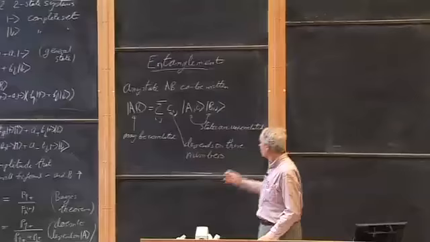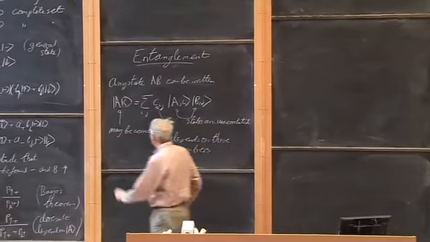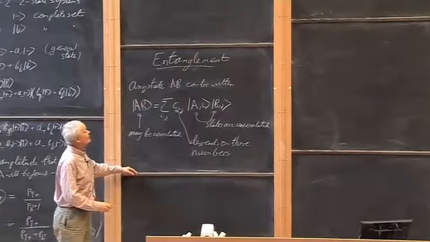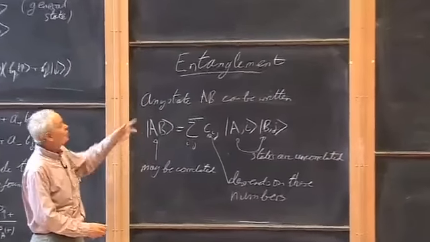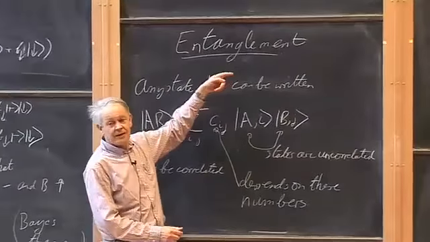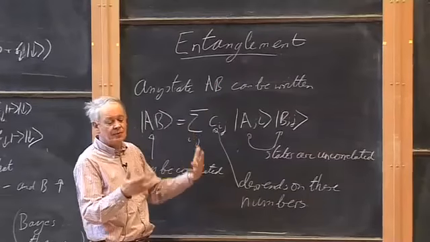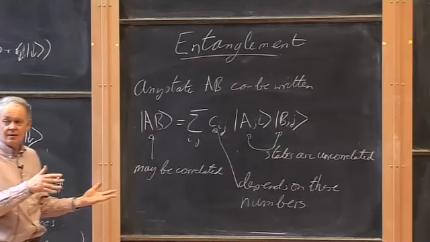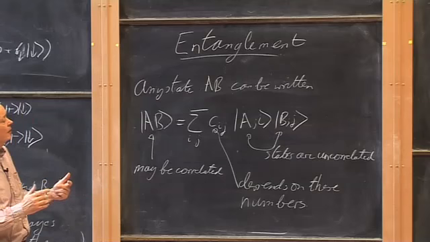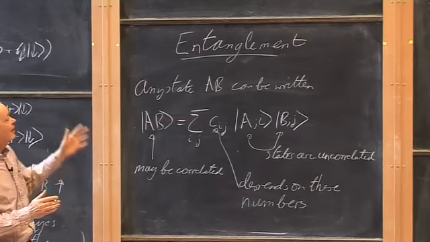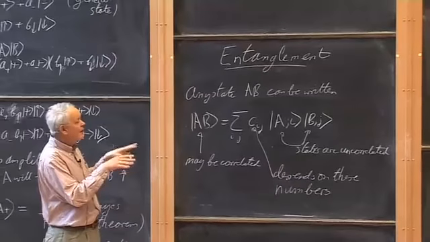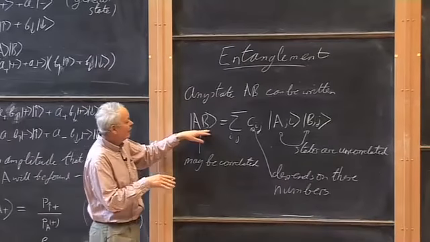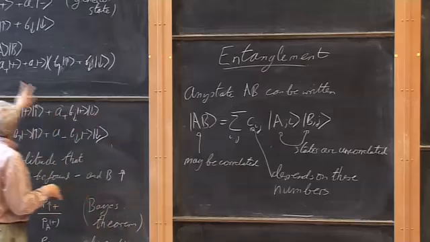So correlations go in like that. And in quantum mechanics, when you say that two systems are correlated, you usually use the word entangled. Entangled is just the same thing. It's just quantum mechanical jargon for correlated. And what it means is, if a compound system of two subsystems is entangled, the state of the compound system cannot be written in that form.